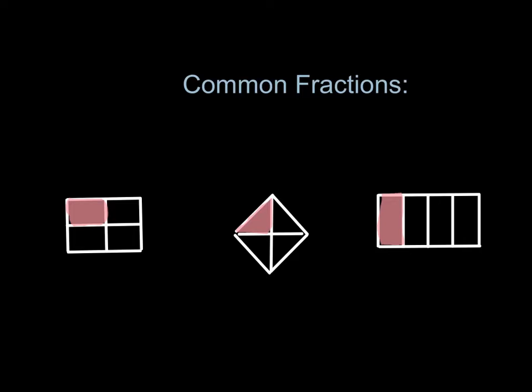Can you answer what fraction these images would represent? If you answered 1 over 4, you'd be correct. With these shapes, there are 4 equal parts, and the shaded area represents one of those equal parts.